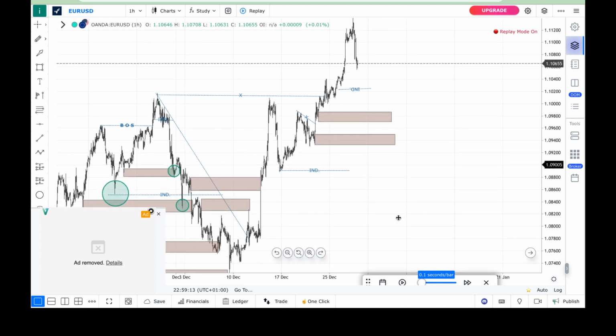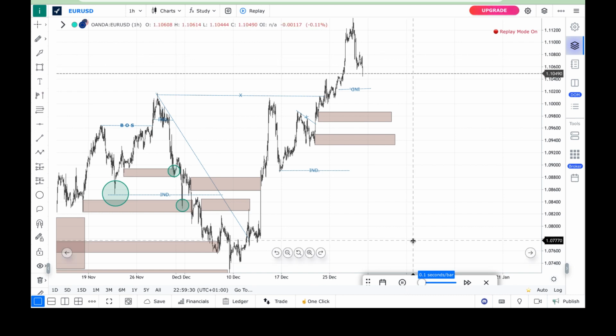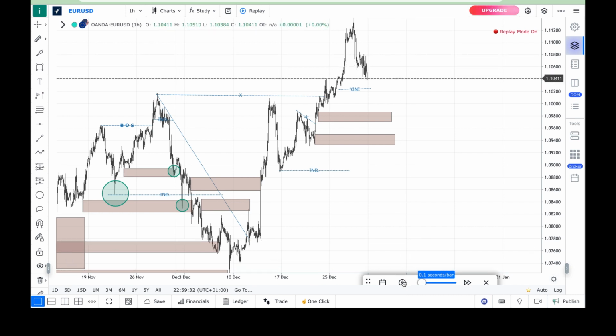They fail to realize that what they mark is wrong, and they also didn't have the concept of liquidity. So that's the reason. Let's see what happens. As you can see, the market is giving some reactions also.